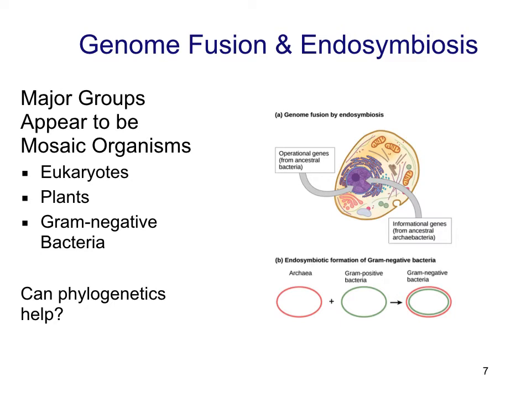We can also see that in other organisms, like gram-negative bacteria. They have two cell membranes, and one is clearly from a gram-positive bacterium, and the other looks like it's probably from a fused gram-negative bacterium, or an endosymbiotic relationship between gram-negative and gram-positive.